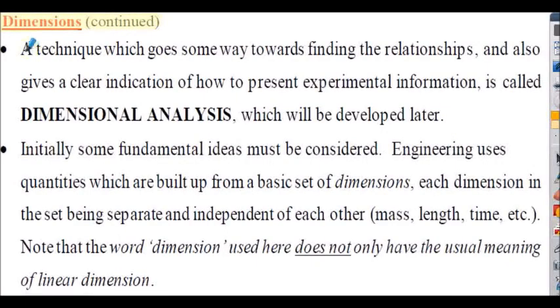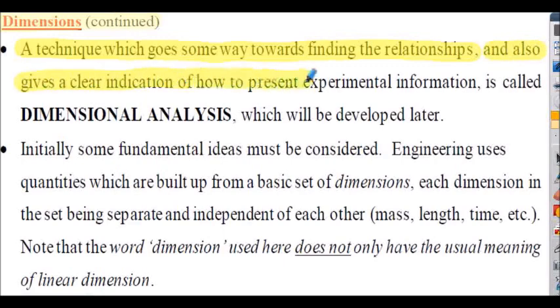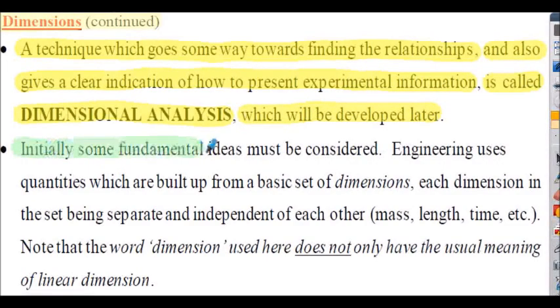Dimensions continued. A technique which goes some way towards finding the relationships and also gives a clear indication of how to present experimental information is called dimensional analysis, which will be developed later. Initially, some fundamental ideas must be considered.